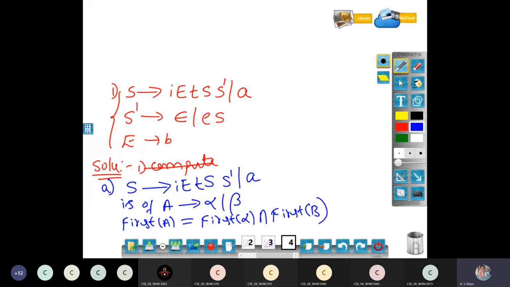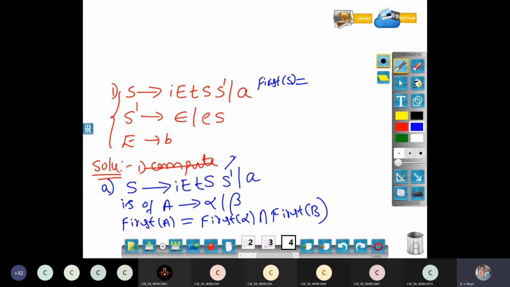At least once you have to write the formula. Without writing the formula, don't go directly to solving the problems. Some examiners will ask for the formulas too. If the grammar is of type alpha and beta, then I apply first of alpha intersection first of beta. As per this formula, I convert this to first of S, the head of the production.